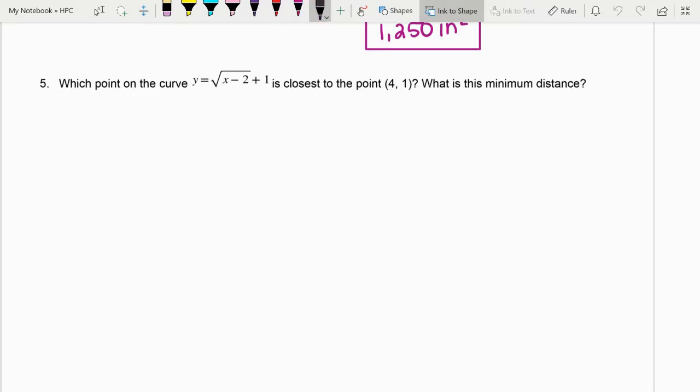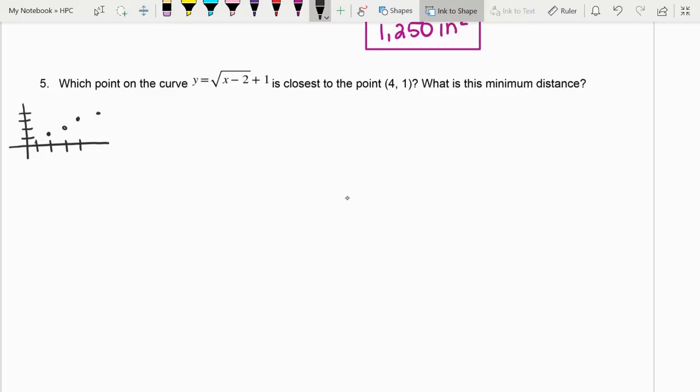Okay, so first I'm just going to sketch what this looks like. It's just a sketch, it's not going to be extremely accurate. But 1, 2, 3, 4. 1, 2, 3, 4. So I'm going to sketch y equals the square root of x minus 2 plus 1. So I have my first point at (2, 1). Then I'm going to go up 1 over 1, up 2 over 2 from here.